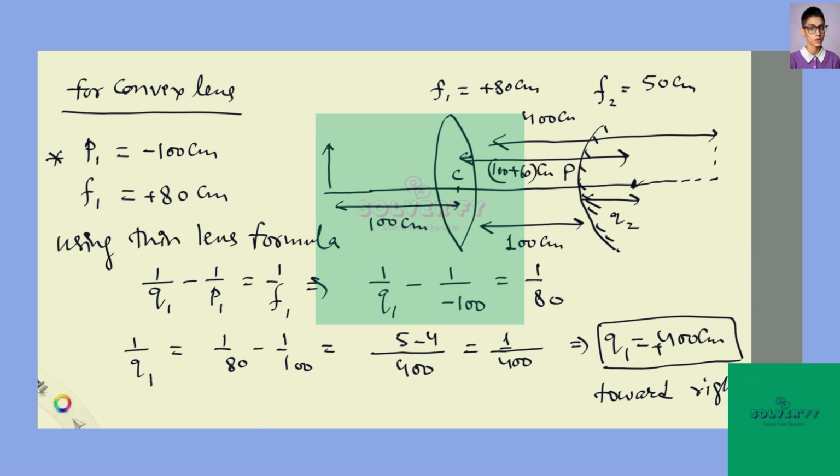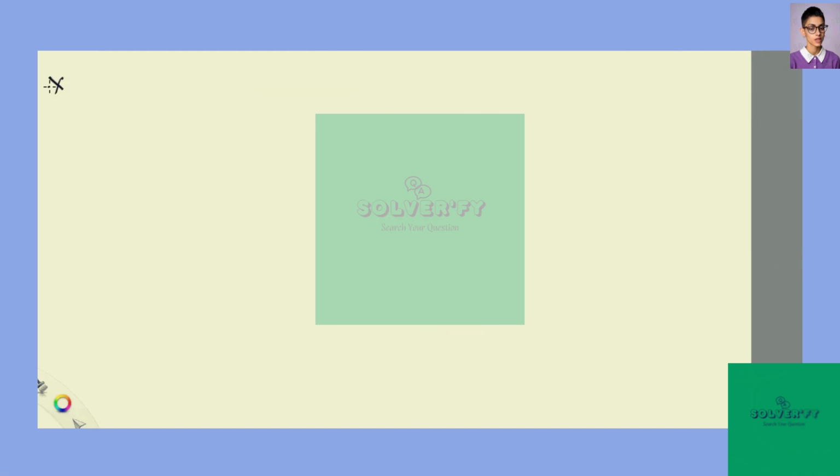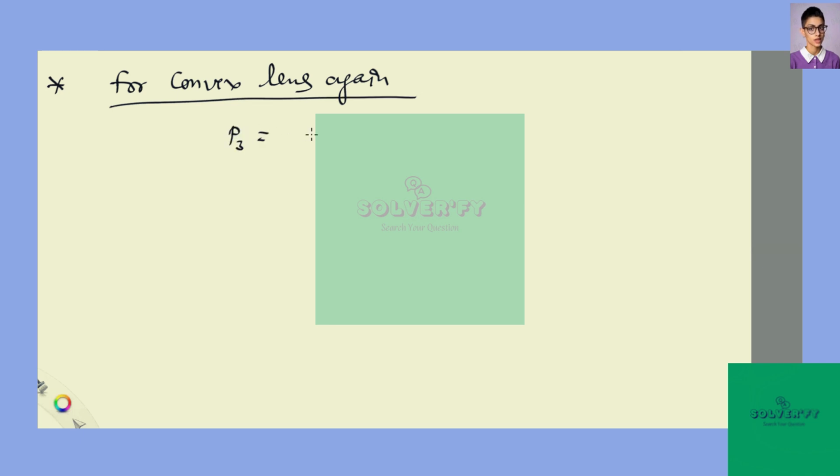So in the third step of the problem, for the convex lens again, the distance p3, the distance of the virtual object from this convex lens, will become minus 100 plus 60 centimeter, or we can say this is minus 160 centimeter.